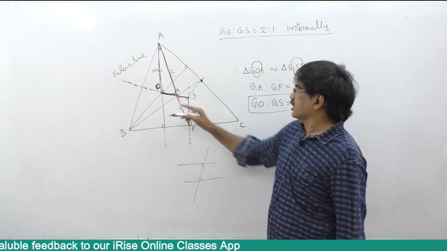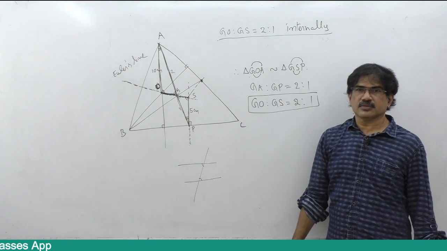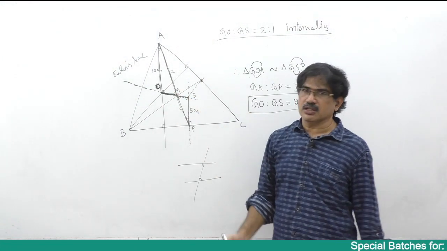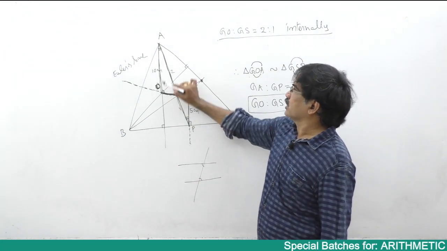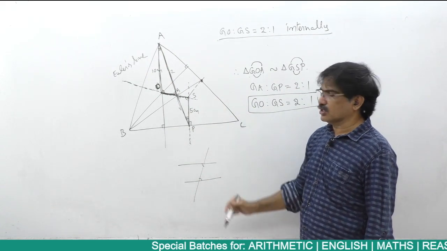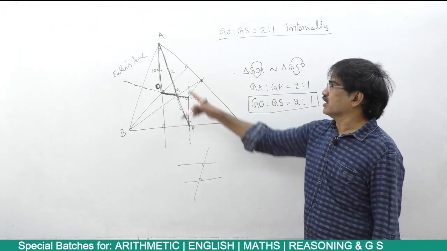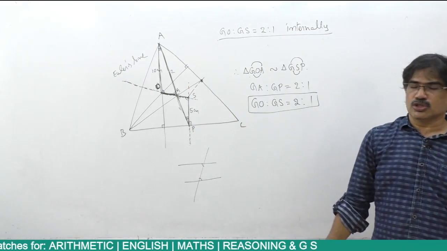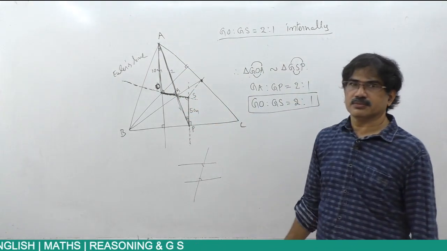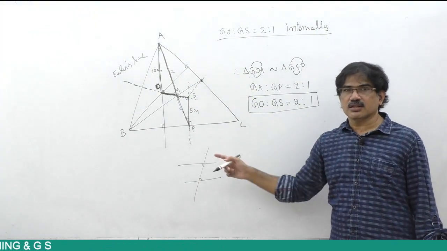If this is 10 centimeters, this is 5 centimeters. In triangle ABC, if O is the orthocenter, S is circumcenter, distance from orthocenter to A is given, then what is the distance from circumcenter to the line segment BC? Is nothing but half, because they are also in the ratio 2:1. This is an important concept, please, based on similar triangles.